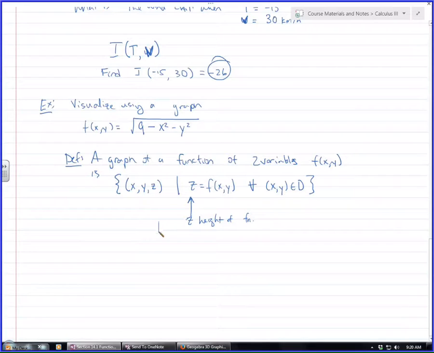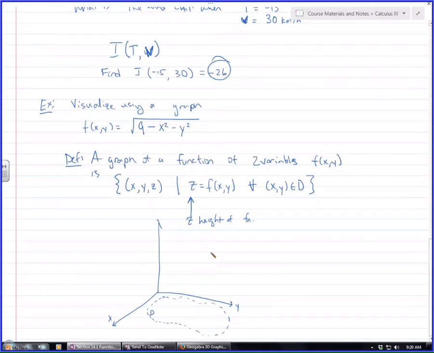So if you remember from our three-dimensional coordinate system, we labeled this axis x, this axis y. Let's say we have some region down here, which I'm going to call D. I've just drawn a dotted line around a region in the xy plane.